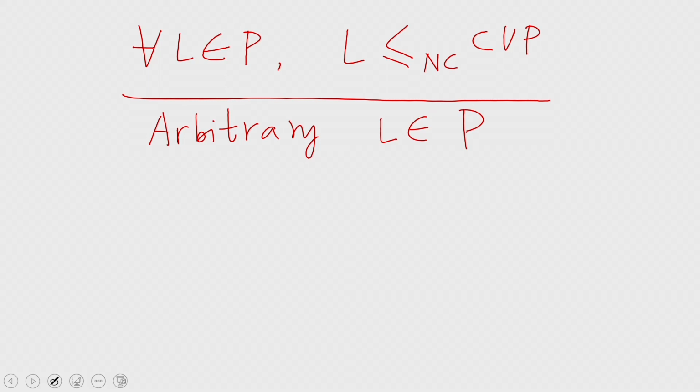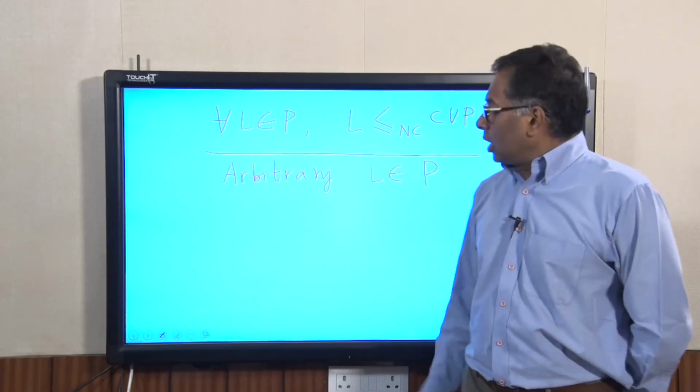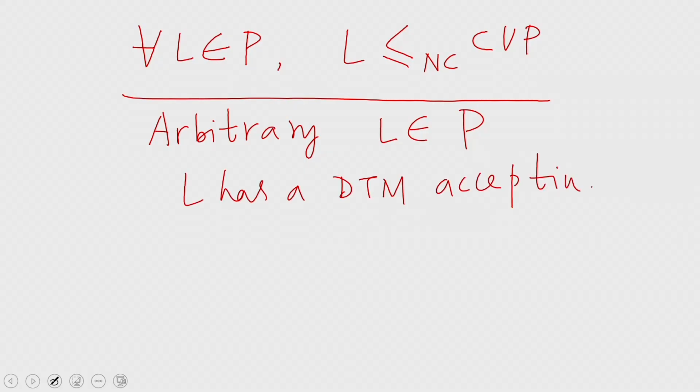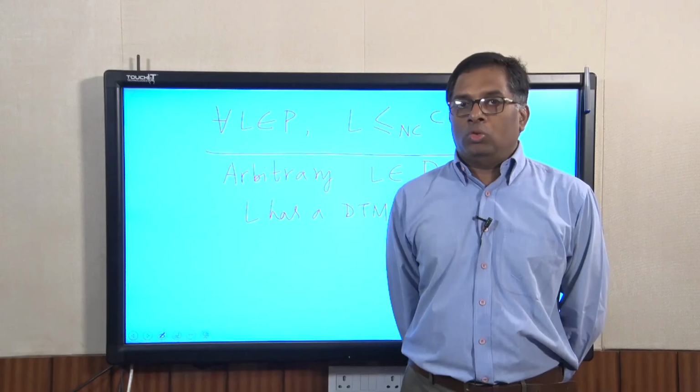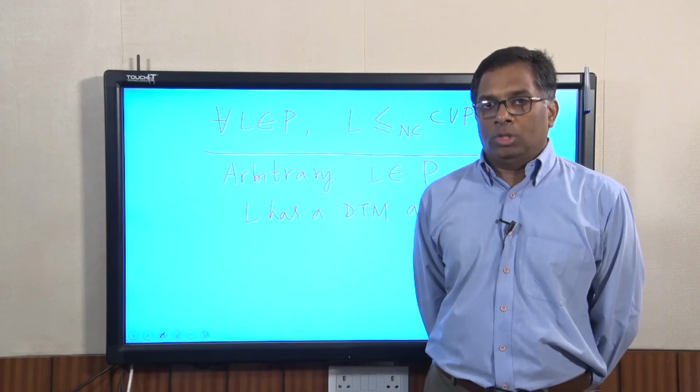But then P is the class of all languages that are solvable in polynomial time using a deterministic Turing machine. Therefore, we can assume that L has a deterministic Turing machine. Without loss of generality, we can assume that this machine is a one-tape Turing machine, because a multi-tape Turing machine can always be simulated on a one-tape Turing machine.